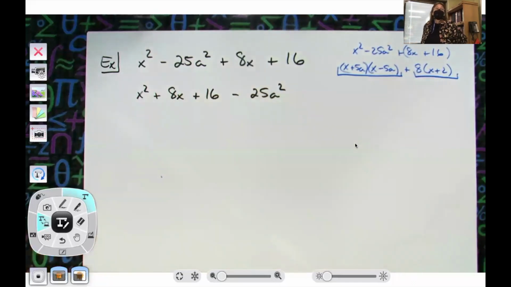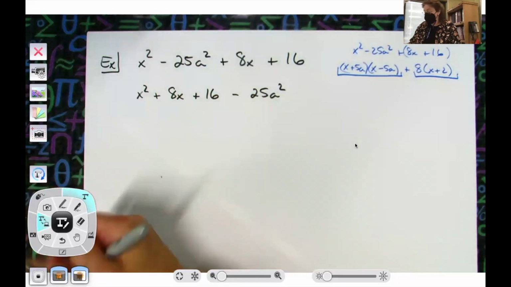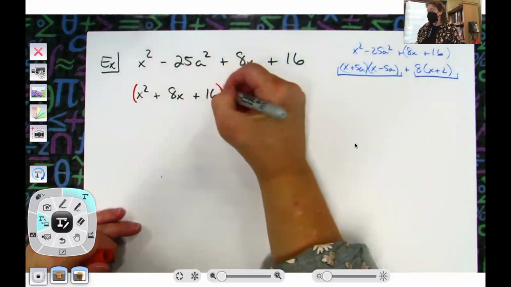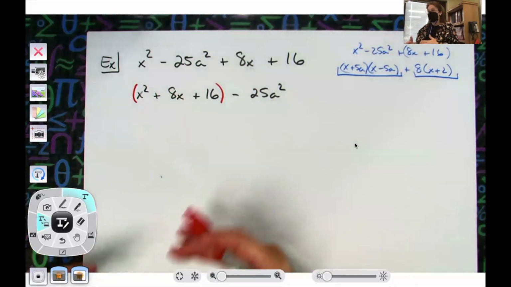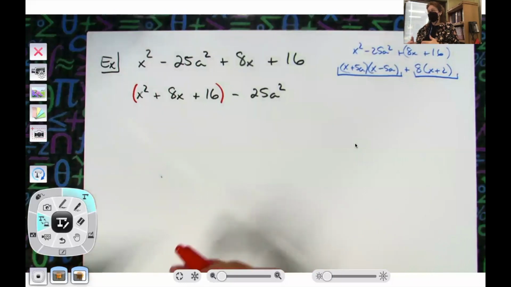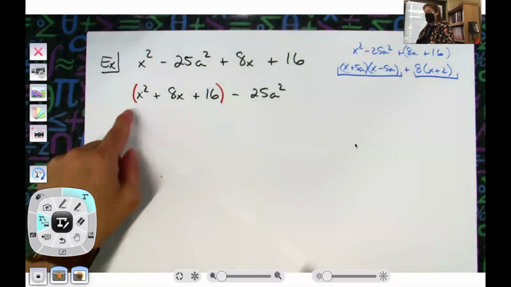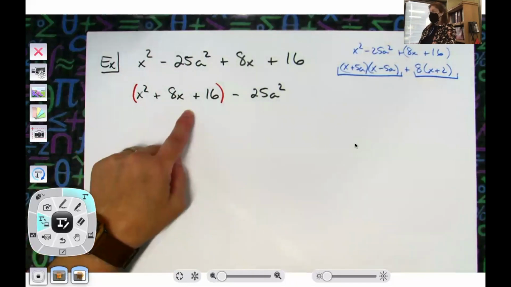Now this is where you've got to hopefully be able to recognize those perfect square trinomials. If I group this together, like in the formulas that you memorized for perfect square trinomials, if you can recognize that it's a perfect square trinomial, you can factor it really quick. What's it going to be? It's going to be x plus 4, there's going to be 2 of them.